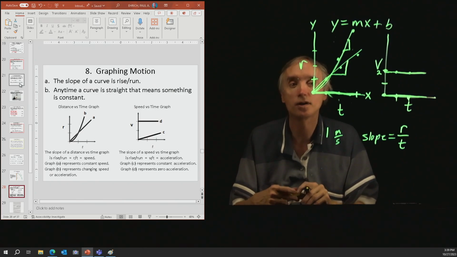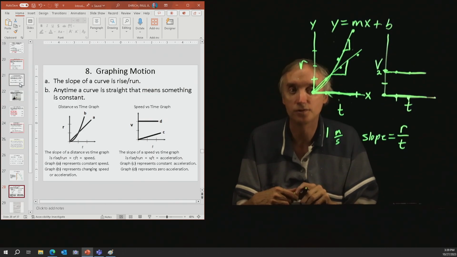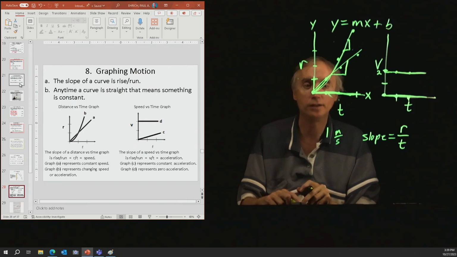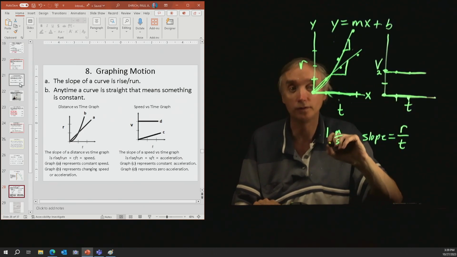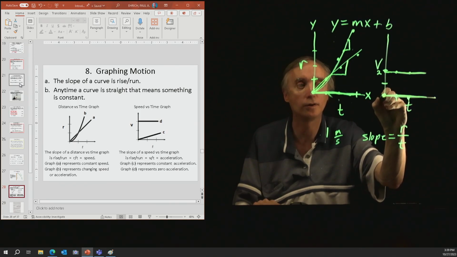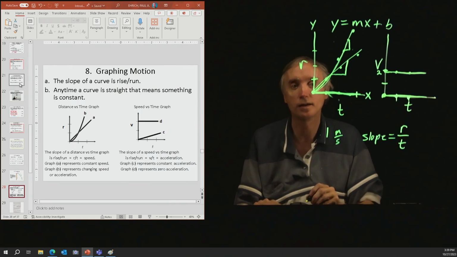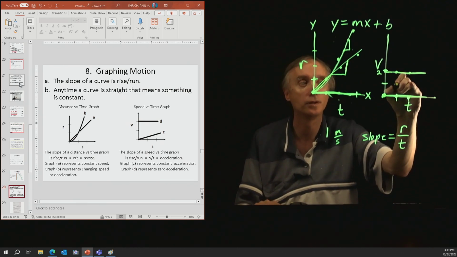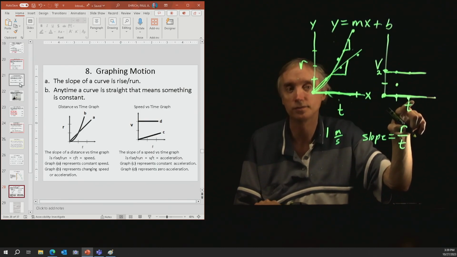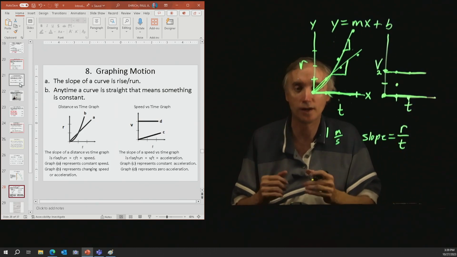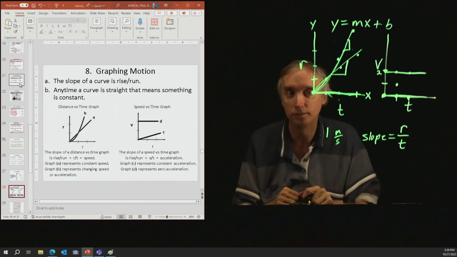So now let's talk about acceleration. What is it going to look like when it is accelerating? That would mean that when we click our stopwatch, let's say that it's not moving. So we're going to start it right here. At the end of 1 second, it's going to be going at a certain speed. So let's say 1 meter per second. So that puts it right about here. Now at the end of 2 seconds, if it is accelerating, what's happening to its speed?